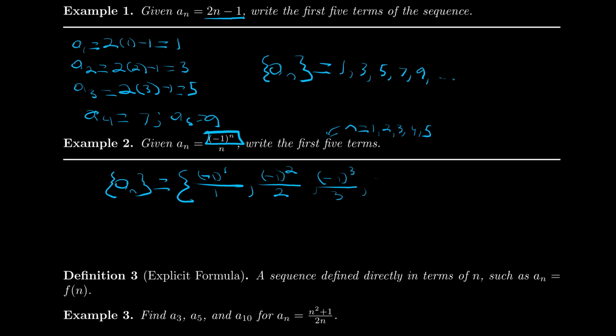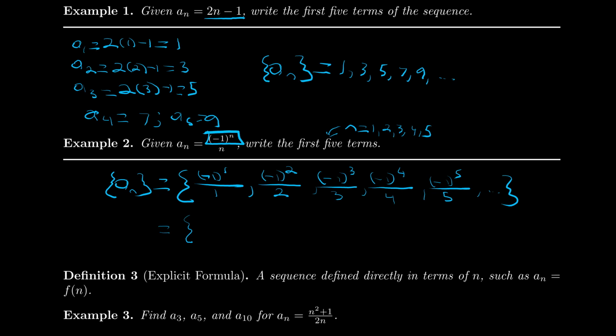The next one is negative 1 to the fourth power over 4. Then we'll have negative 1 to the fifth power over 5. And it will continue indefinitely because it is an infinite sequence. Then let's actually evaluate each one of those terms.